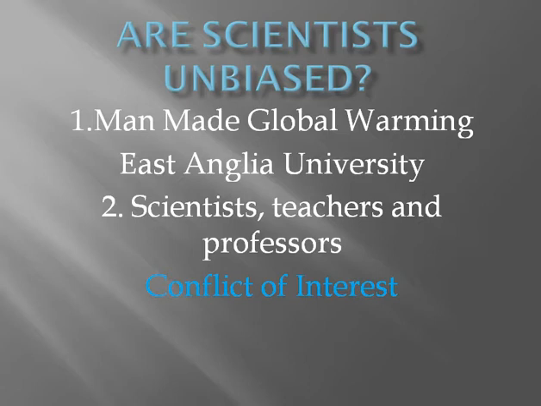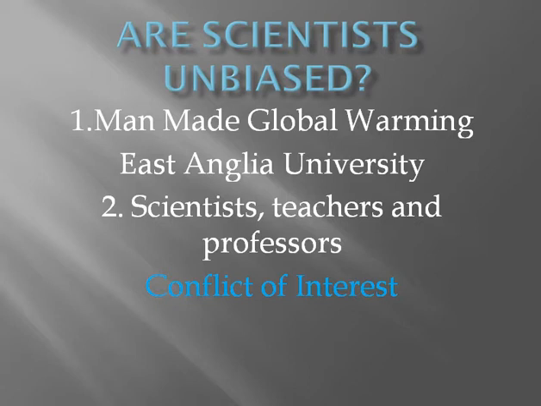When we look at the scientists, teachers, and professors, we see something that is nowadays the problem that every teacher or professor or scientist has, and that is a conflict of interest. Now, that does not mean that they are wrong or that they are trying to cheat the system or anything like that.